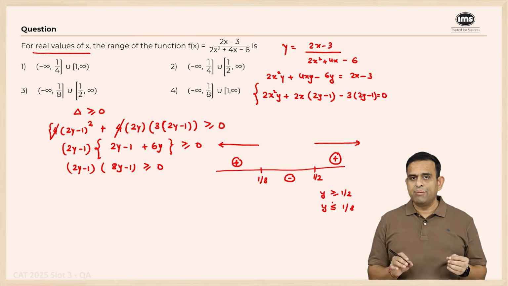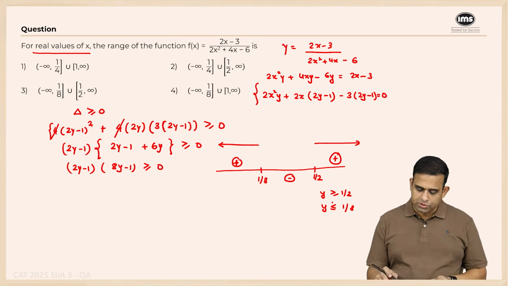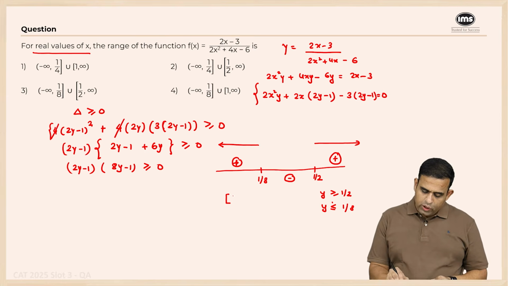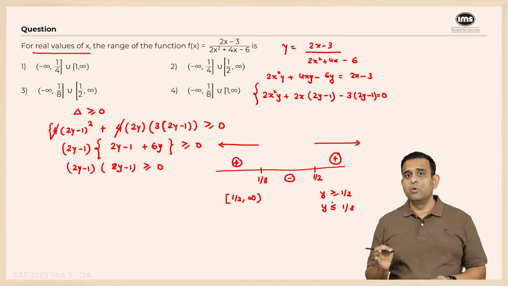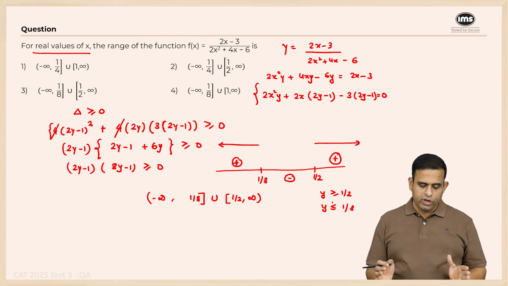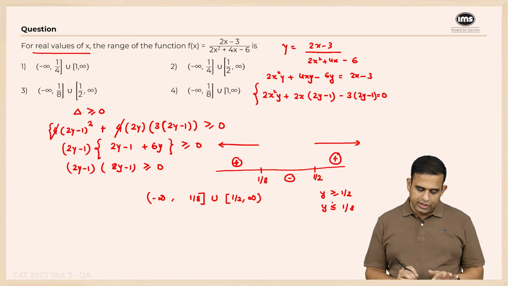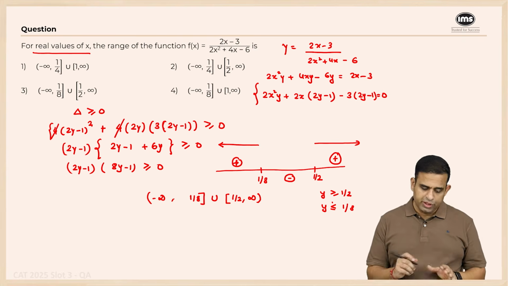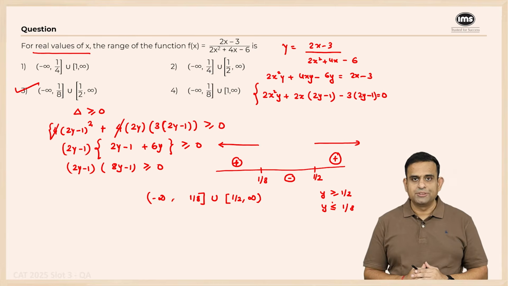If I want to write them in the other format, if you look at the options, it has to be 1 by 2 included up to infinity, not including infinity, and on the lower side, negative infinity to 1 by 8. If you look at the options over here, the required answer definitely has to be option number 3. And that is the answer for this particular question.